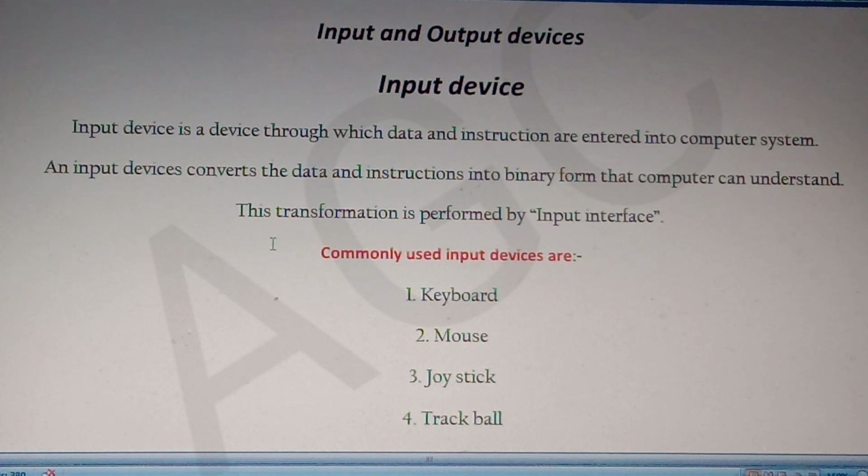In binary language, what do we use? Zeros and ones, a combination of zeros and ones. So that is understandable by the computer. This transformation is called the input interface. Everyone clear? So this is about input devices.